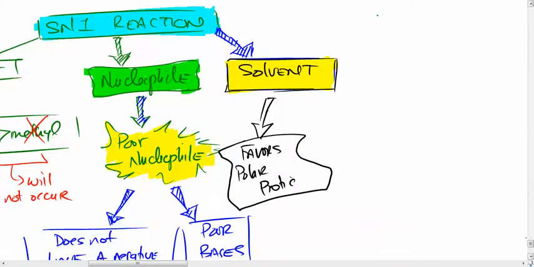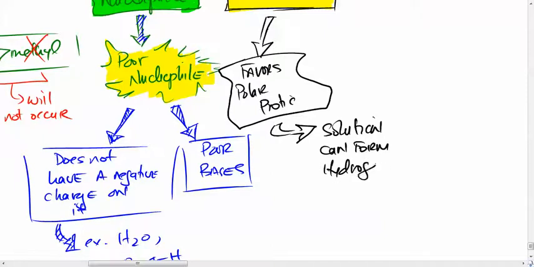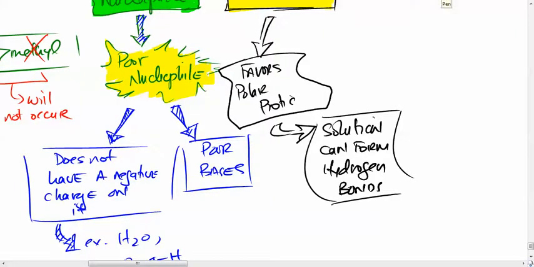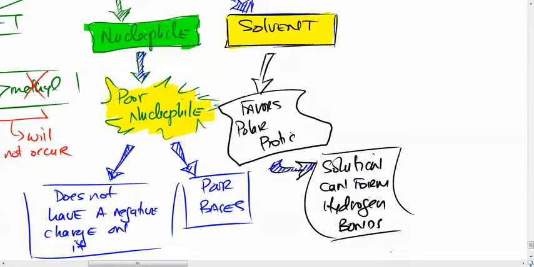Which means the solvent can form hydrogen bonds. The reason why we're doing it in a polar protic solvent is because these hydrogen bonds that we're going to create are going to stabilize the carbocation.